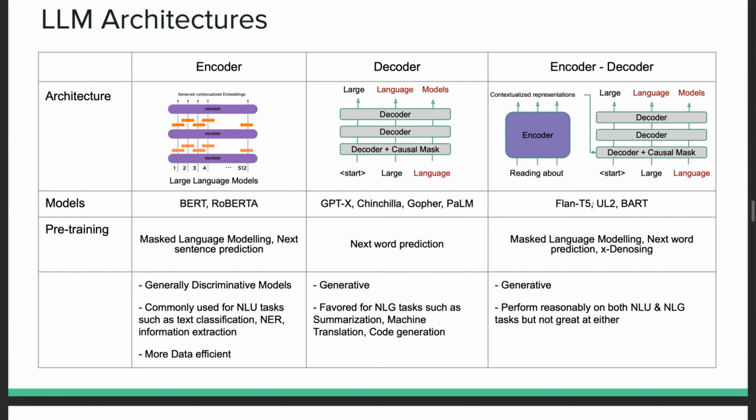And where are these used? Some popular models are like BART and Flan T5, which use the encoder decoder architecture. Here, the objective is mostly similar. You could even combine masked language modeling with next word prediction in these models.